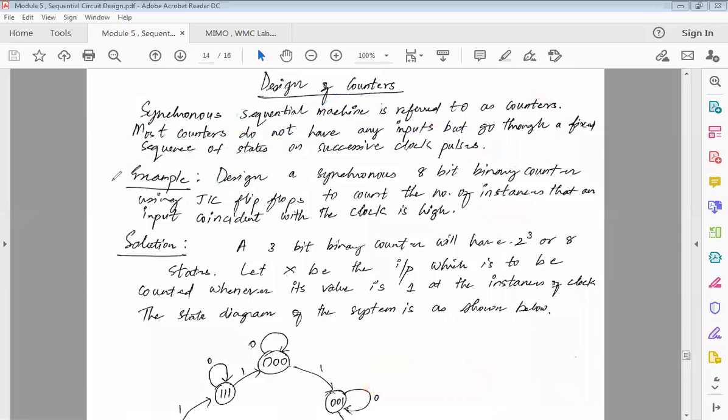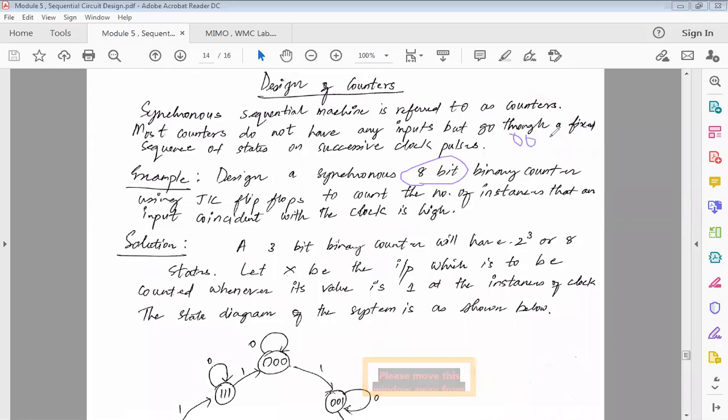So now we have an example. I've taken one complex example. If you can solve this, then any other example can be solved. We will look into this and see how these counters can be designed. The question says: design a synchronous 8-bit, so they are giving us a clue that it is 8-bit, which means I have to start from 000.